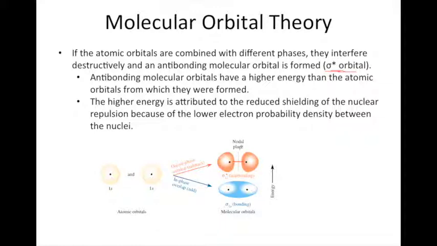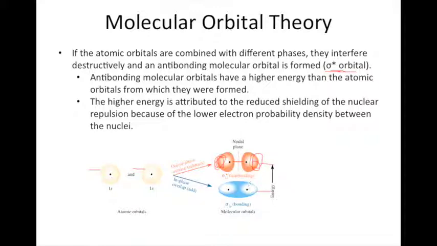So when we have electrons in antibonding molecular orbitals, there is no electron density between the two nuclei. So the electrons are going to be found predominantly on either side of the nuclei, and there's going to be a lot of nuclear repulsion. So when these two atomic orbitals meet, we form both one bonding and one antibonding orbital.